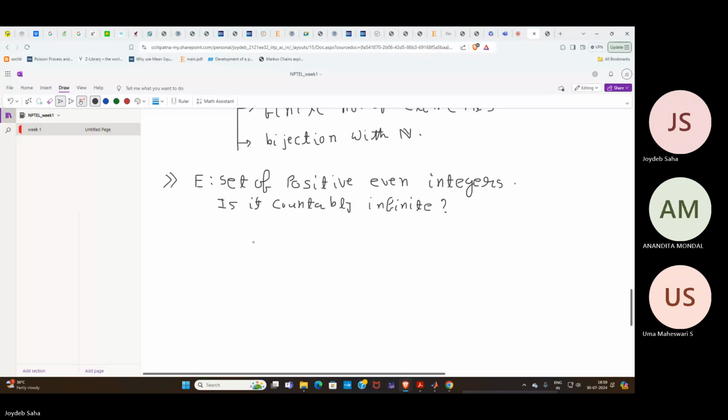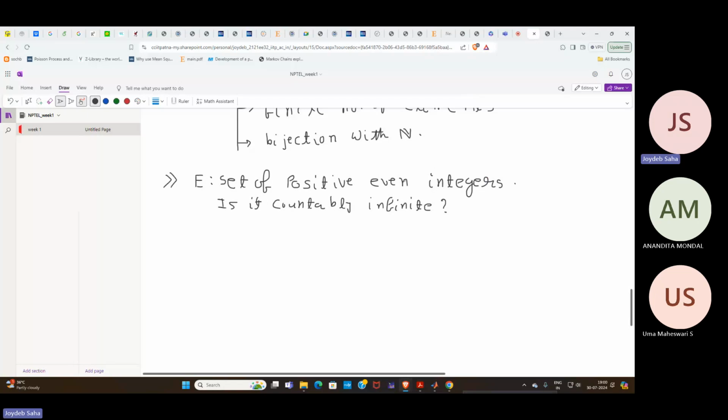When we call a set countably infinite, to answer this question we need to know this. Just a few minutes before we discussed that if a set A is countably infinite, then A has equicardinality with the set of natural numbers.